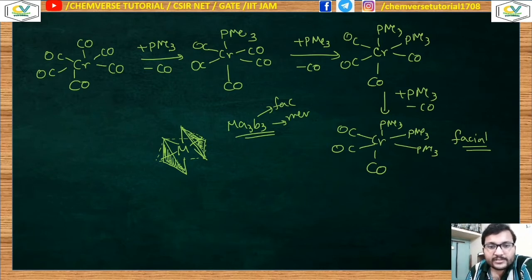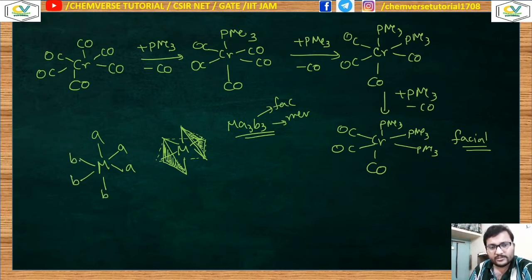If two opposite faces are occupied by two different types of ligands, suppose in one face there are 3 ligand A, and in another face there are 3 ligand B. So this is one face and the opposite face is like this. This kind of isomer is called a facial isomer.